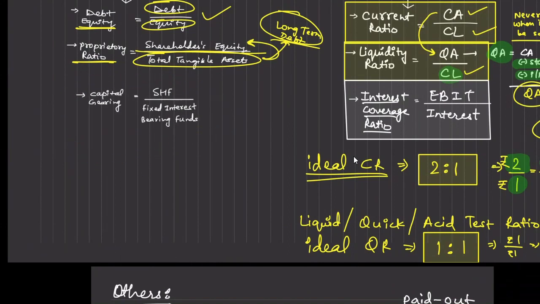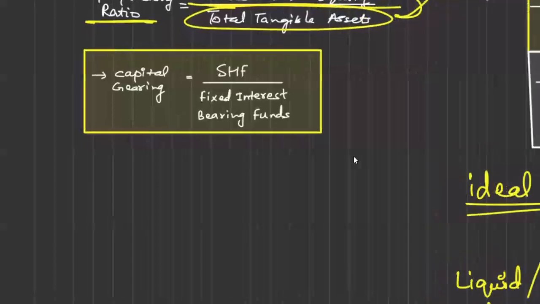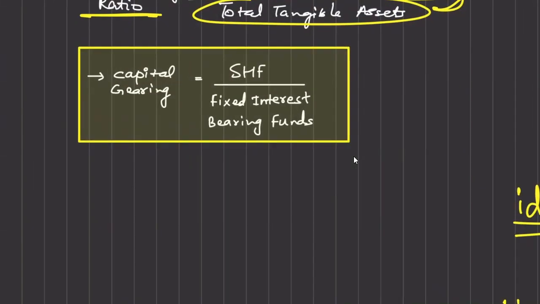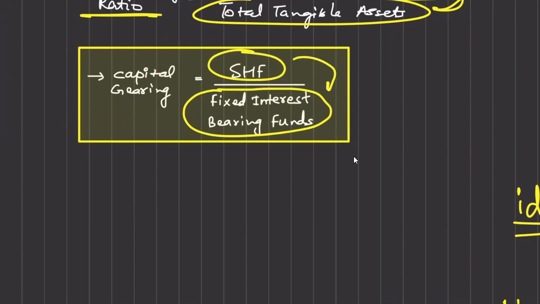In the same way, we have a capital gearing ratio. This ratio is again very, very important. This ratio shows how many times your shareholders fund is compared to the fixed interest bearing funds. Sir, what do you mean by fixed interest bearing funds?